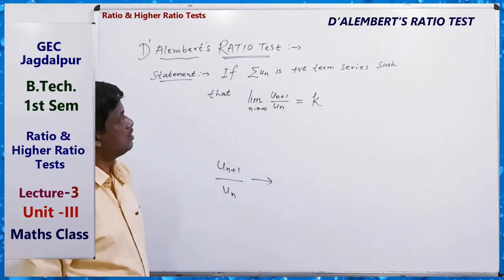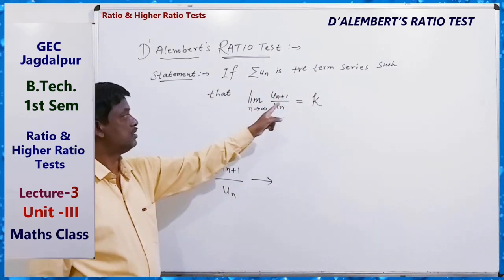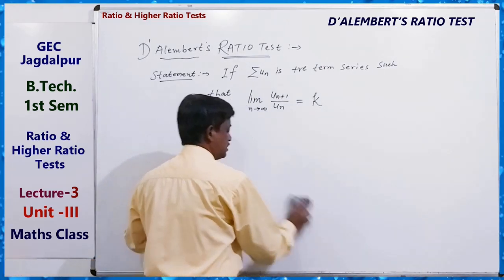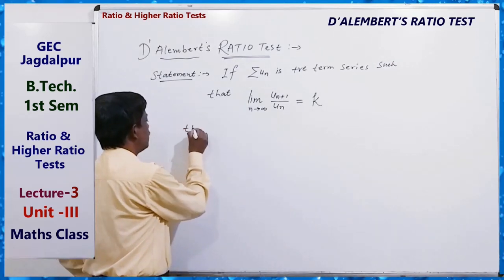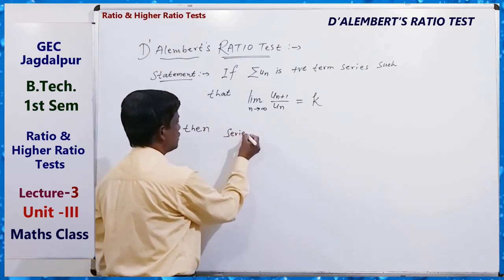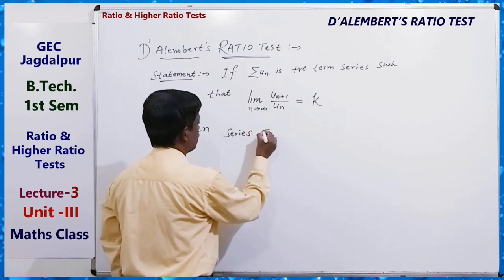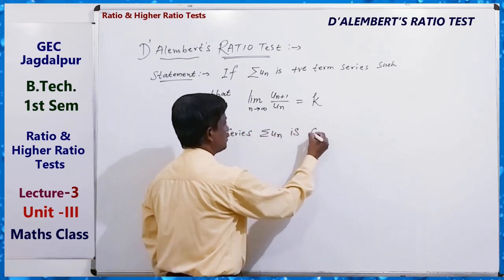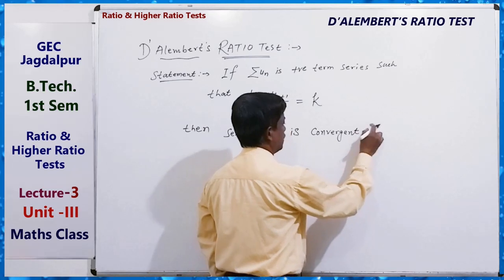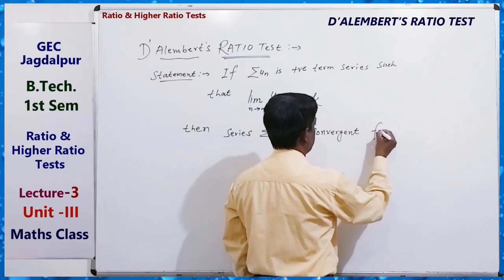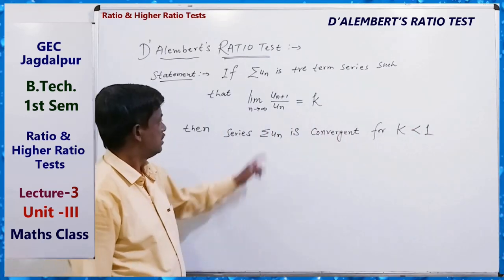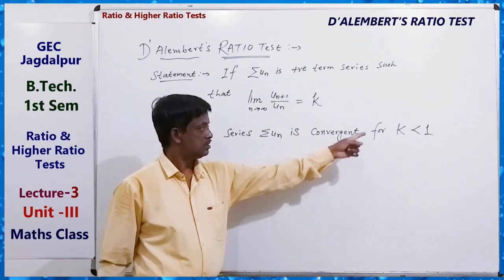If summation Un is a positive term series such that this limit equals k, then the series Un is convergent for k less than 1, meaning the limit value is less than 1.